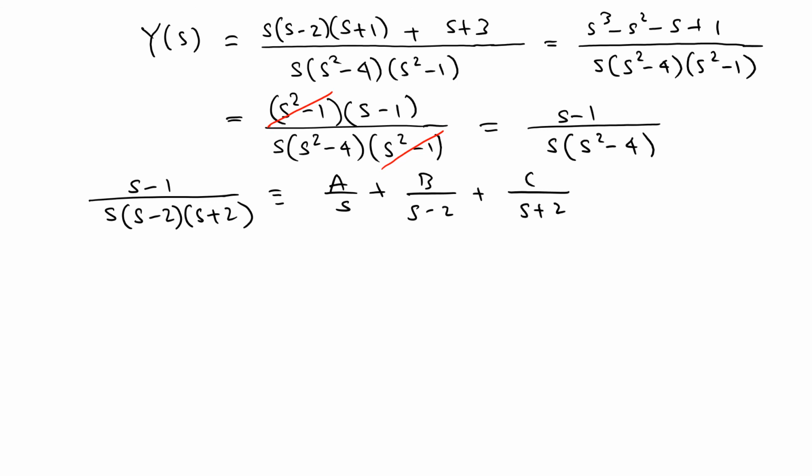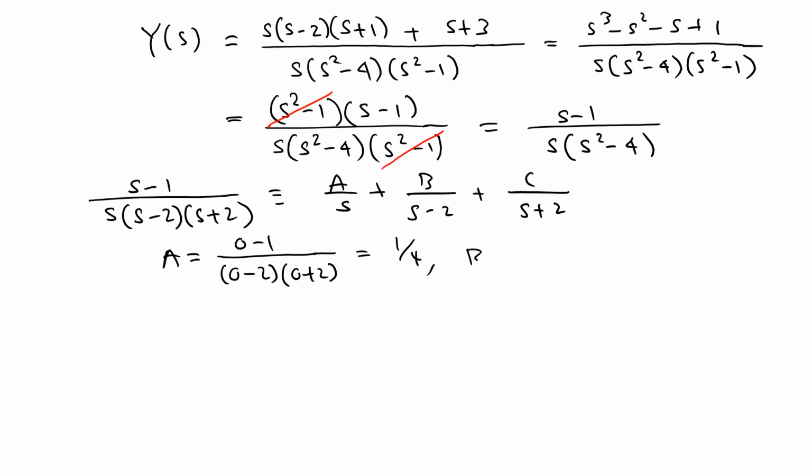We're going to use the cover-up method. So A is simply you plug in s equals 0. So it is (0 minus 1) over (0 minus 2)(0 plus 2), which gives 1/4.